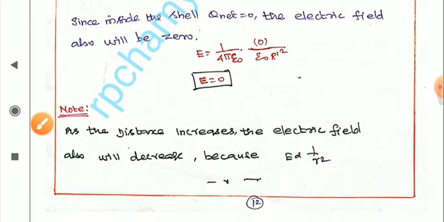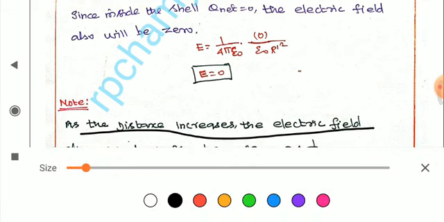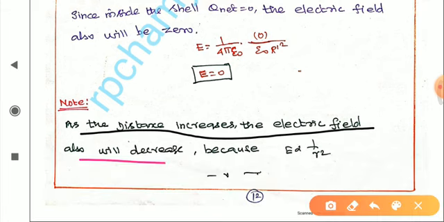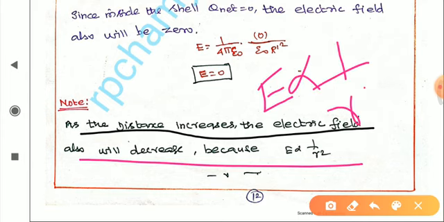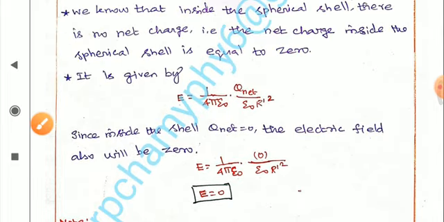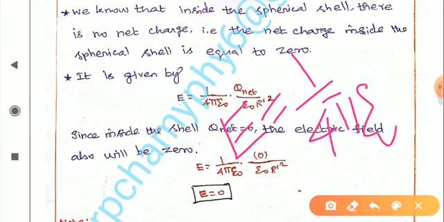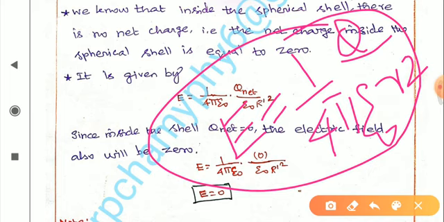Now we can come to the conclusion. As the distance increases, the electric field will decrease because E is inversely proportional to the square of the distance. So in this case what you have to remember: if it is a spherical shell, the electric field is 1 by 4 pi epsilon naught into Q divided by r square, which is equal to the electric field produced by a point charge.